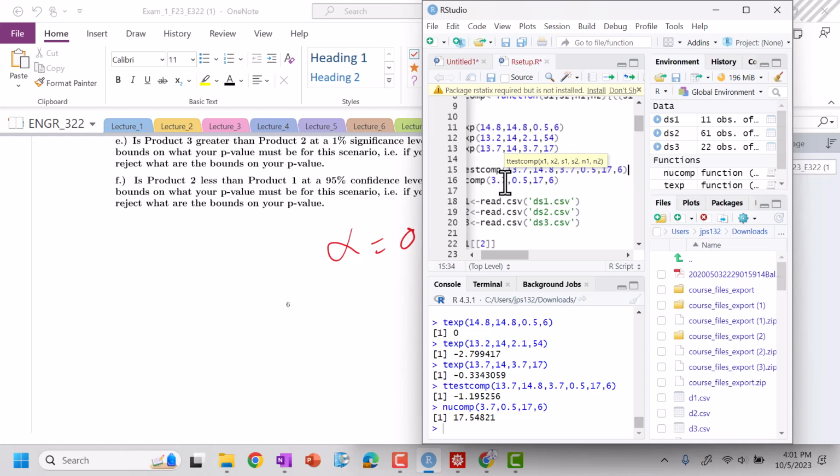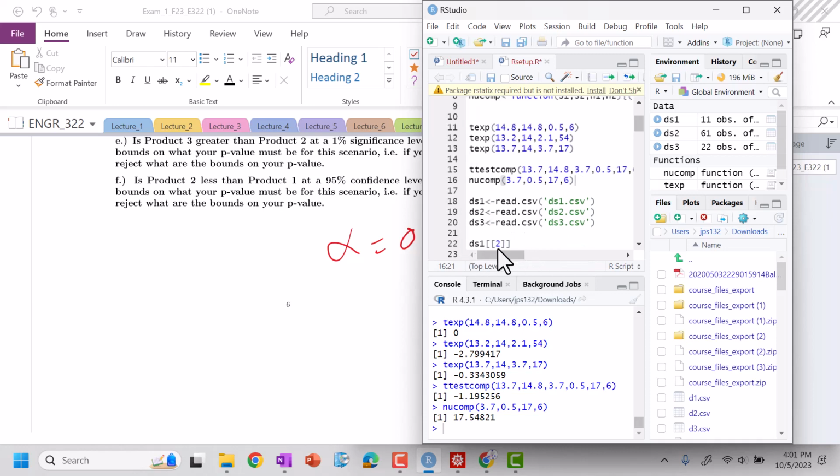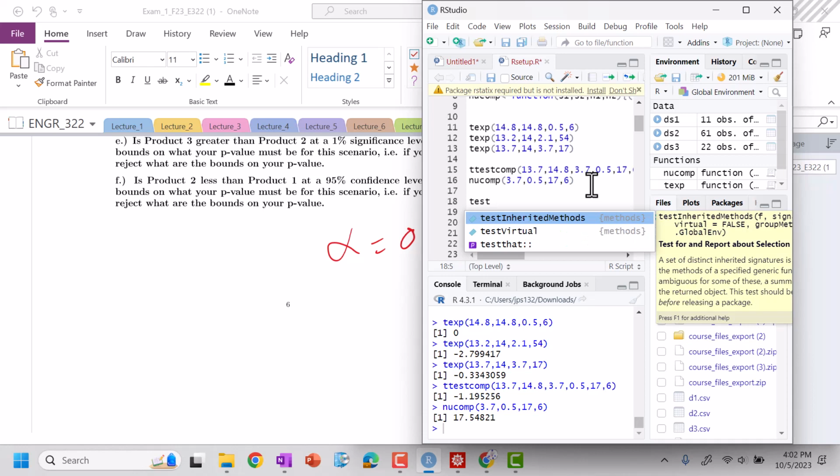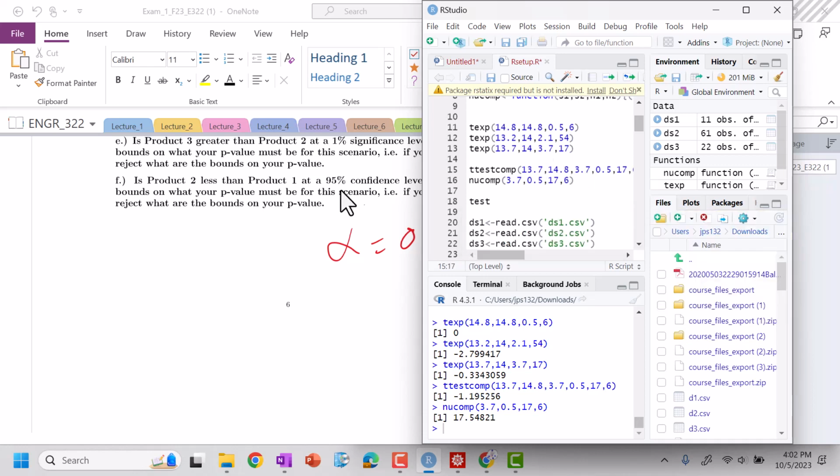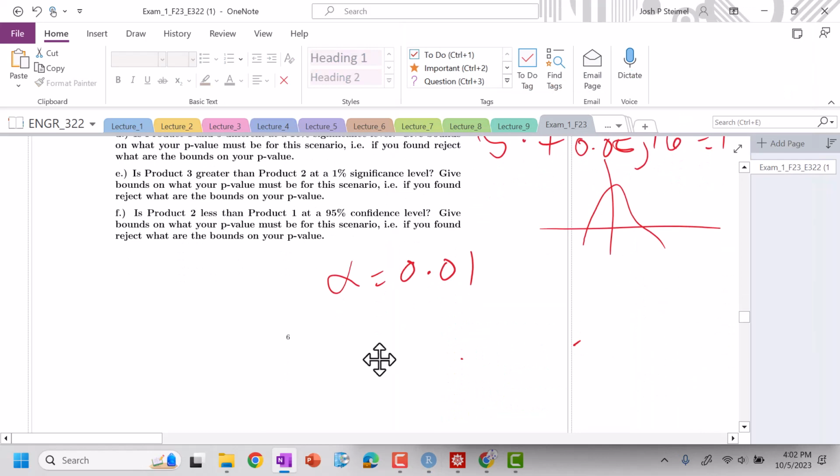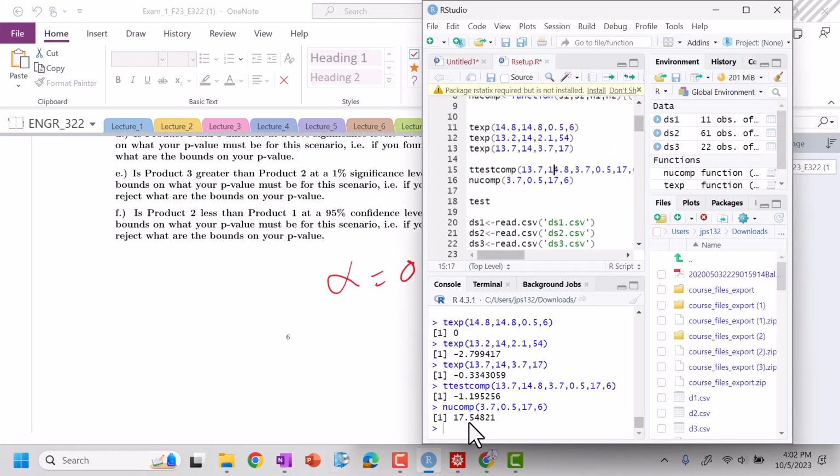So let's just do this nice and comprehensively. So is 3, no, 1 and 3, okay. All right, so t-test comp. So 3 is 14.8. 1 is, 1 and 2, 13.2. Our standard deviation for 3, excuse me, I'm just off on that one.